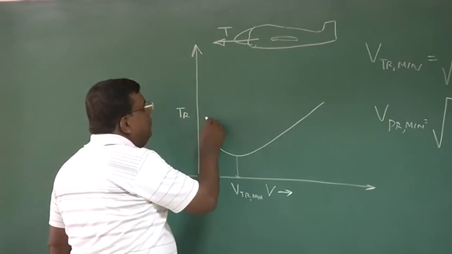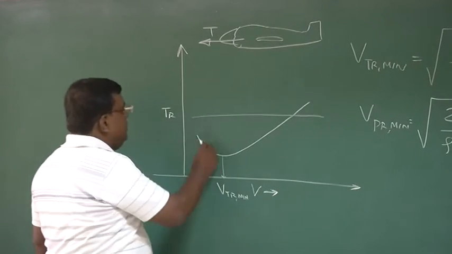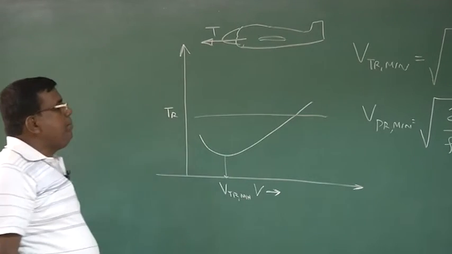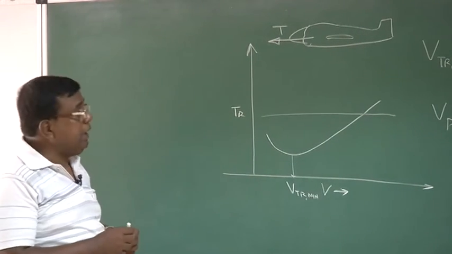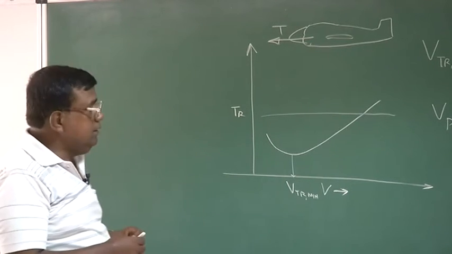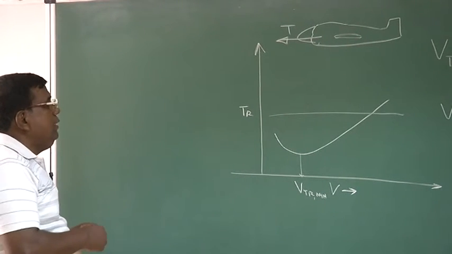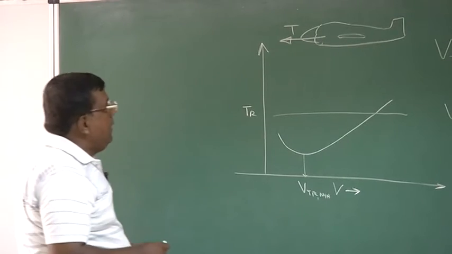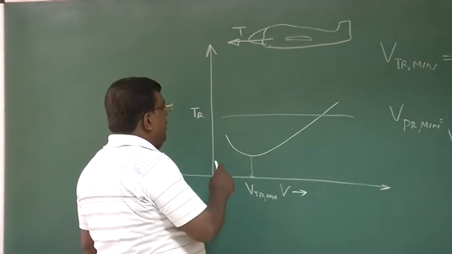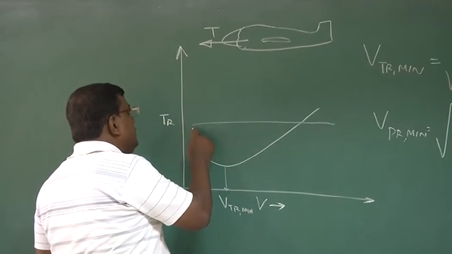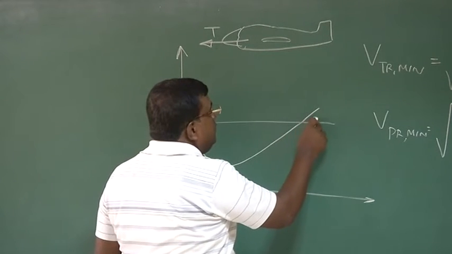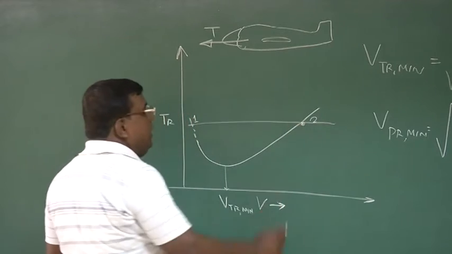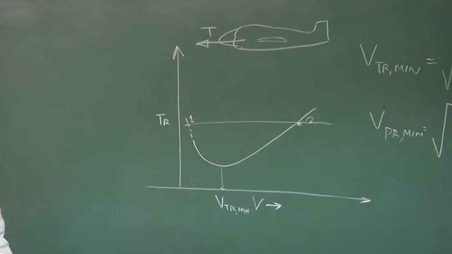I can fairly assume it is constant and remains almost constant, though in practice you will find there are secondary influences of speed as well. Now see, there are two interesting points. Suppose, allow me to extend it like this. So I have got one point here, and a second point here. Let us try to understand what these points are.